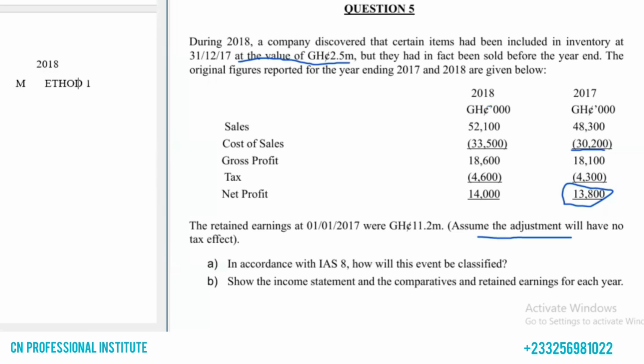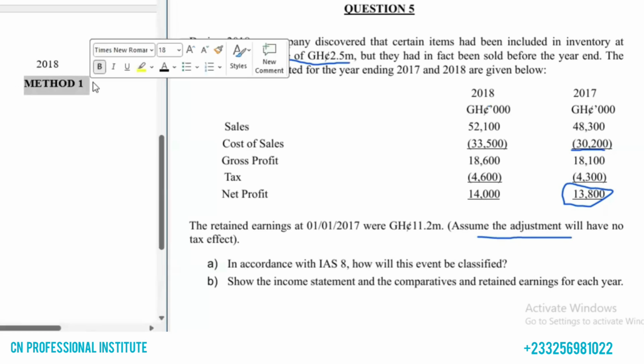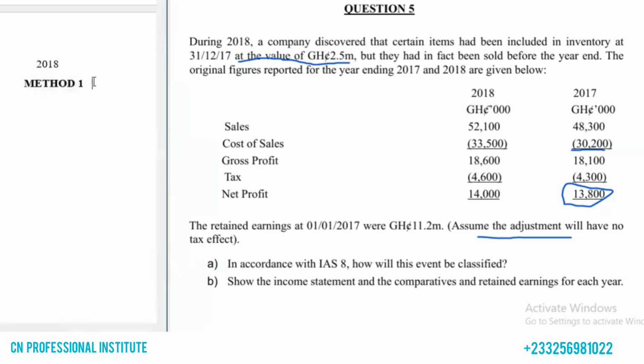Let's do method one. So method one, as we said, the same format. We pick cost of sales and we adjust the cost of sales first. Okay. Then when we are done, we use method two. Okay. So method one, let's bring our cost of sales. Okay, so per question, what's the cost of sales per question?